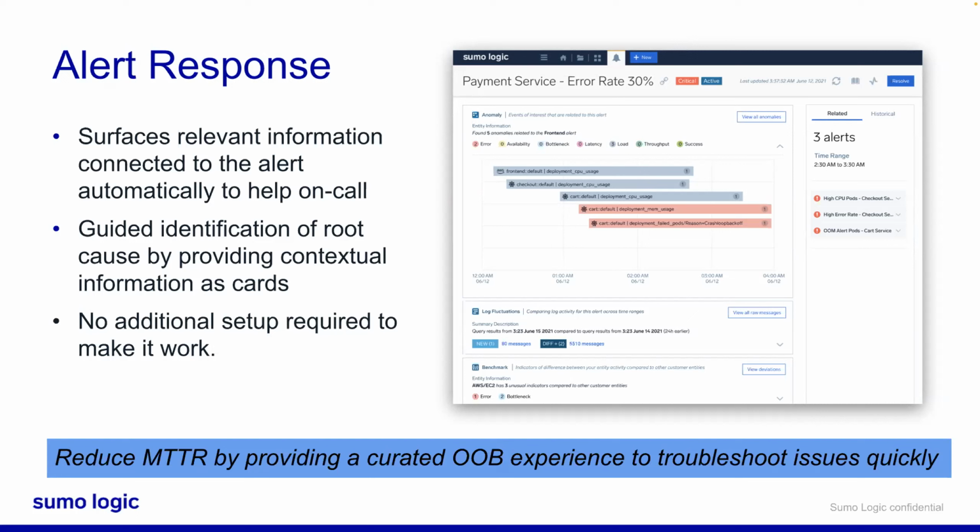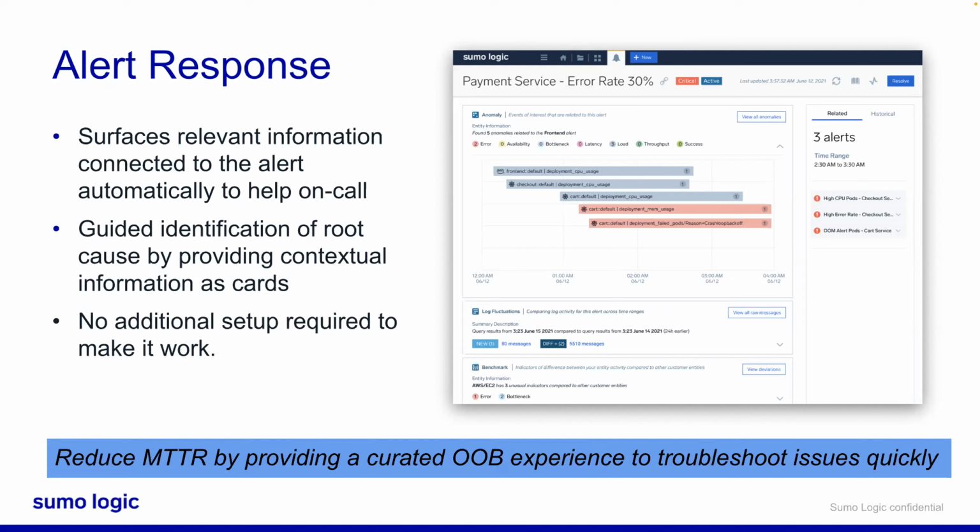I'll get into that a little bit more, but essentially the system will automatically analyze your logs and your metrics and say, okay, I saw these interesting patterns in the data that you're sending us, and they might be related to your alert. So rather than you having to run queries to uncover these patterns, the system is already surfacing it for you.